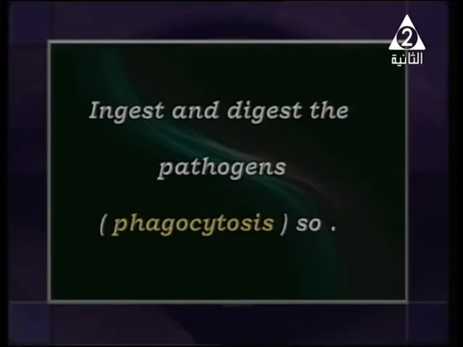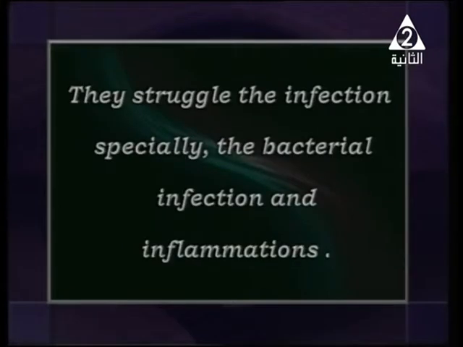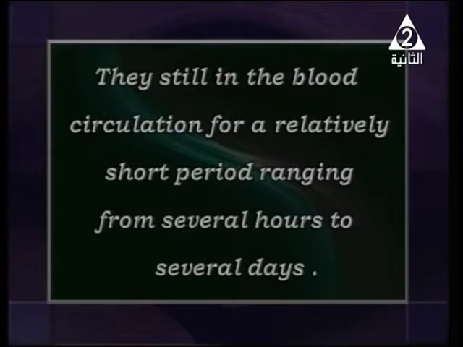Phago means to engulf something, and cytosis means to lyse it. They also fight infection, especially bacterial infection and inflammations. They stay in the blood circulation for a relatively short period, ranging from several hours to several days.